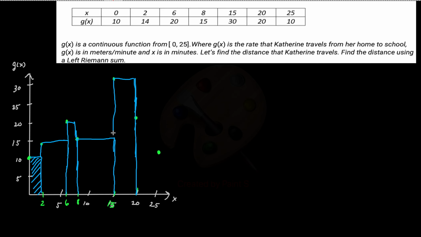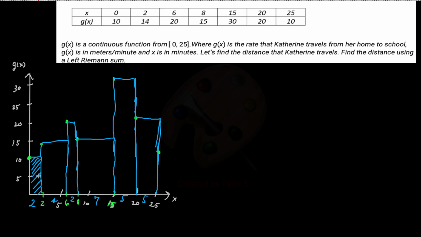And then the last one is from 20 to 25. You should see that each of these widths are no longer equal length, not all of them at least. So this width is 2, this width is 4, this width is 2, this width is 7, this width is 5, and this width is 5.